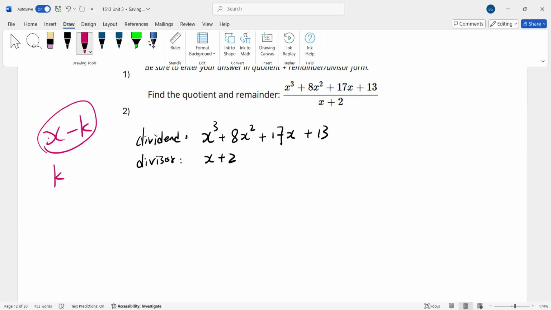In this case, k is -2, okay? This is the first time we see a negative k. k is -2 because x plus 2 is x minus -2. So k is -2. I'll give you a couple minutes.